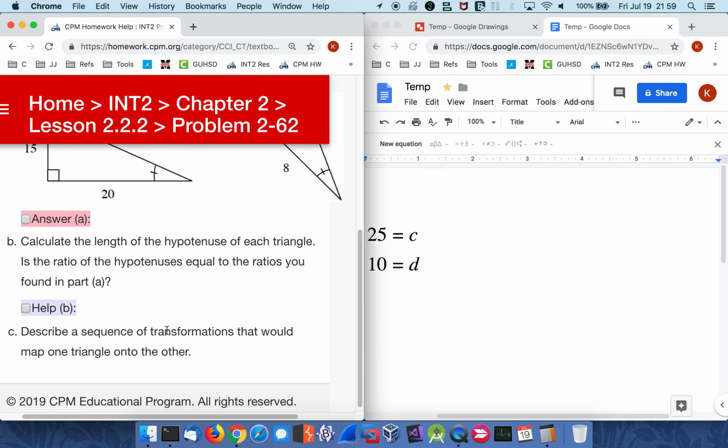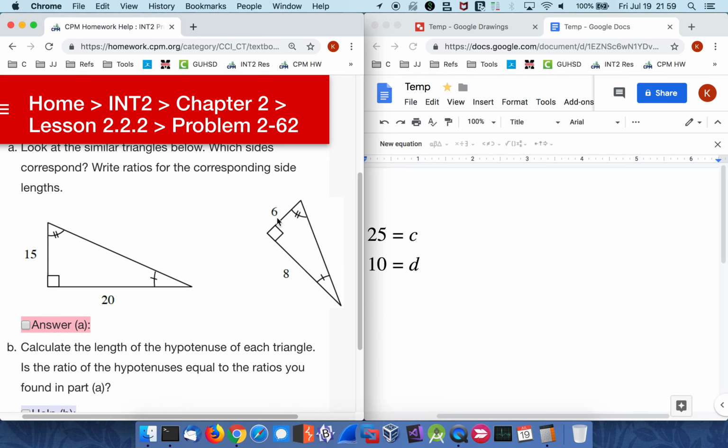So describe a sequence of transformations that would map one triangle onto the other. Well, to map this triangle onto this one, you've got to rotate it counterclockwise a little bit. Looks like maybe 45 degrees, right? And then you'd have to increase the size by 2.5 times, and then you'd have this triangle. Kind of a neat little thought experiment, huh?